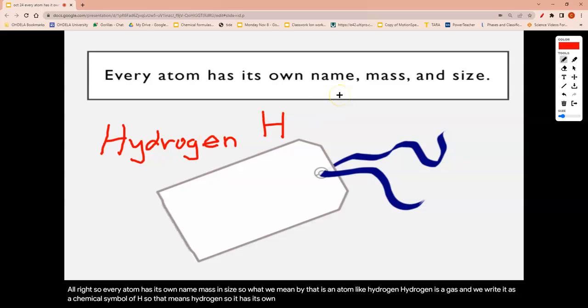It has its own name, mass, and size. Hydrogen's very small. It's a very light gas.